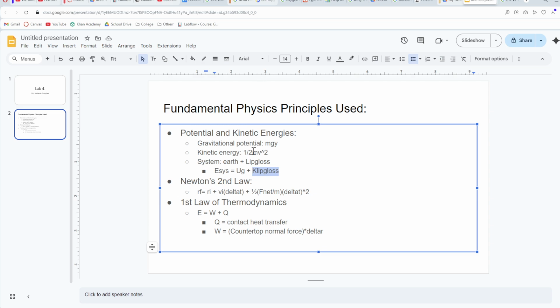We can also solve this using Newton's second law, which I'm choosing not to do, but it also applies.